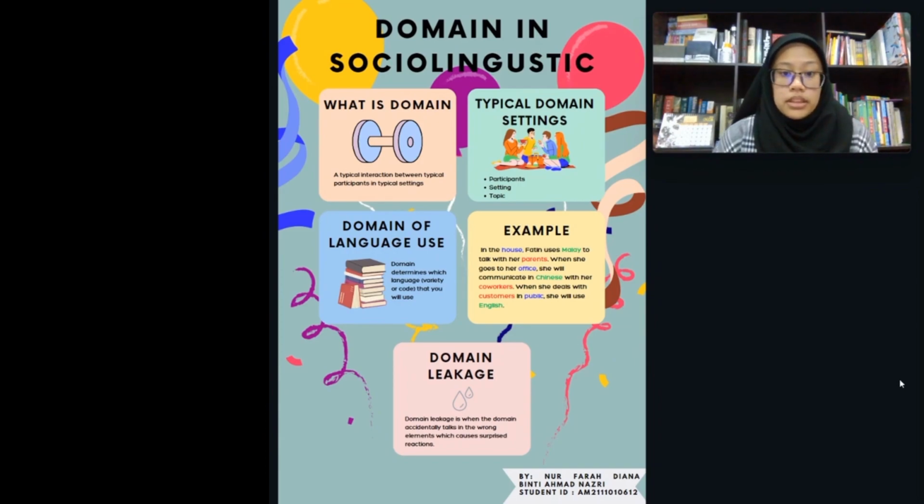From this example, I actually colored in three different colors, which are blue, green, and red. For the blue, I put it as an example of settings, which are places. So in the settings we have house, office, and public.